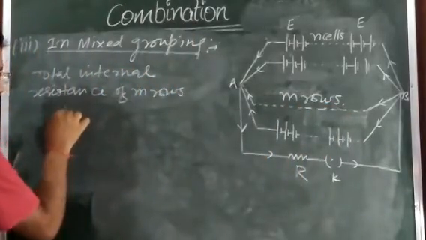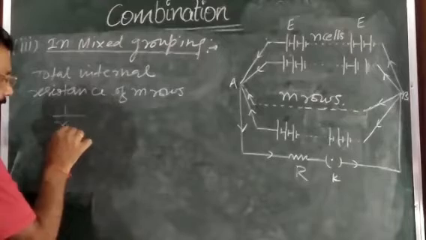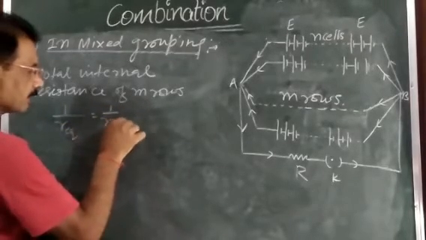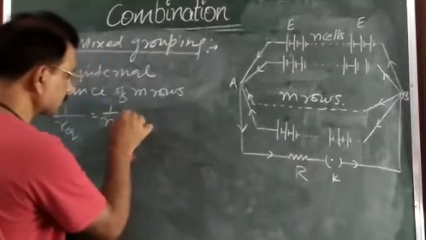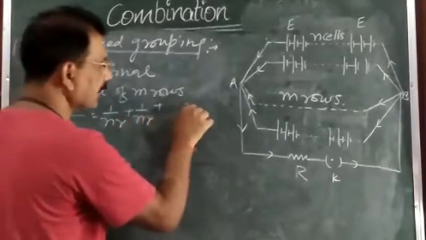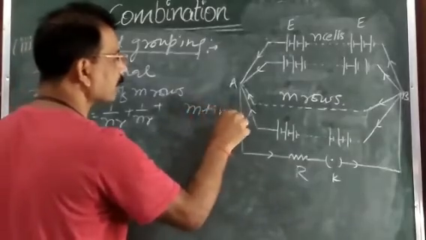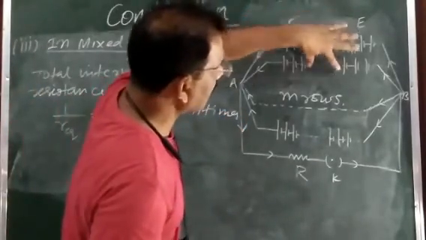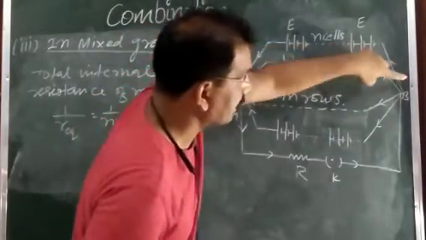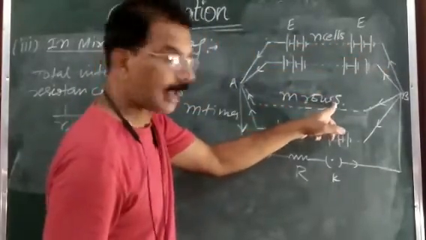So we can write 1 upon R equivalent is equal to 1 upon nr plus 1 upon nr plus, m times, because all these nr are connected in parallel between A and B, and there are m rows.